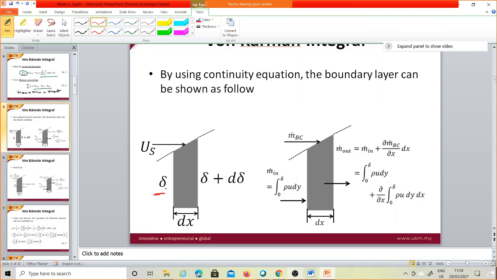Here the thickness is delta, and here the thickness is delta plus d delta, an increase. The distance is dx. You understand what I mean? In this case the flow is uniform. When we consider the inclined entry, that is BC, here the stream velocity is U or U infinity, the flow field velocity.